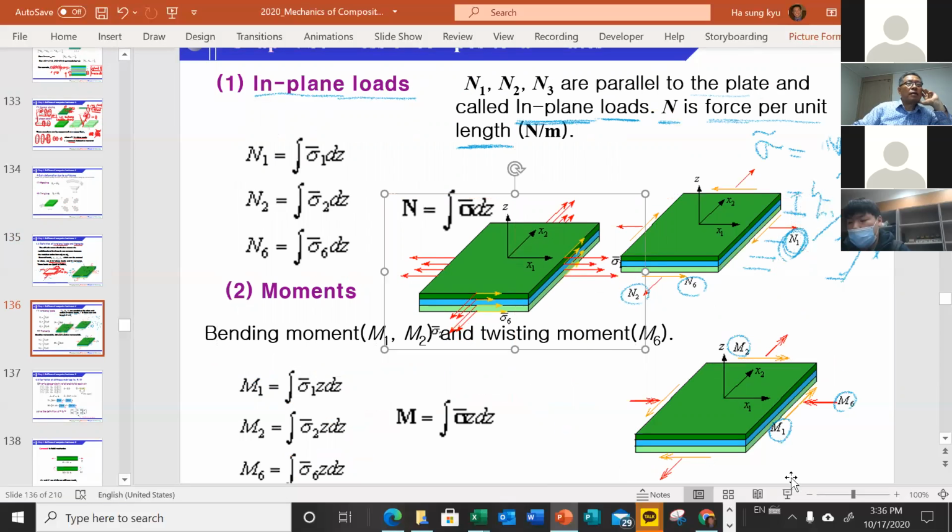We are applying the N1, but we don't know how this sigma is distributed.